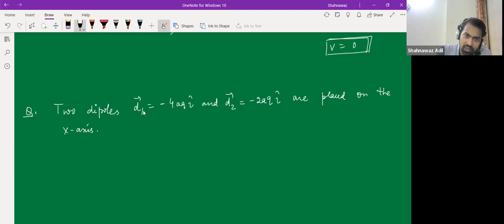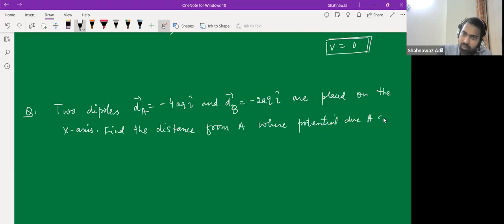Let's say this is A and B. Find the distance from A where the potential due to A and B is the same. Okay, this is the question.